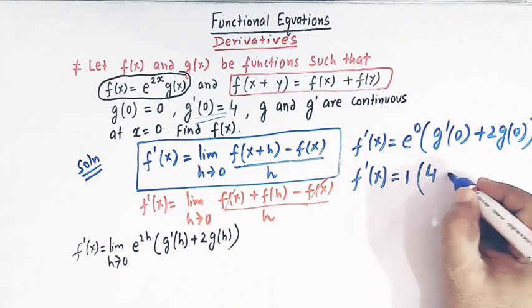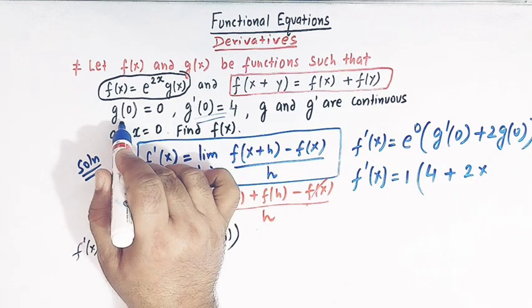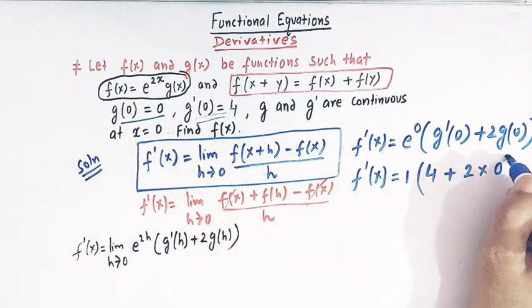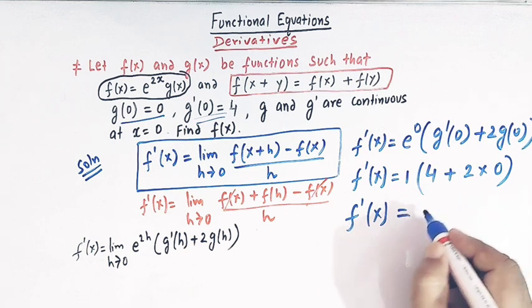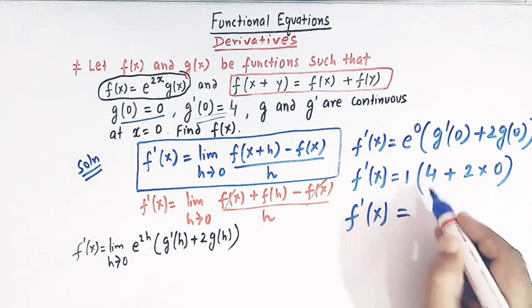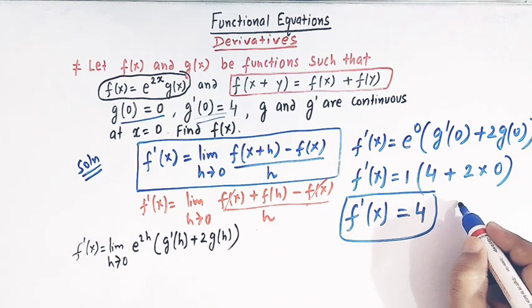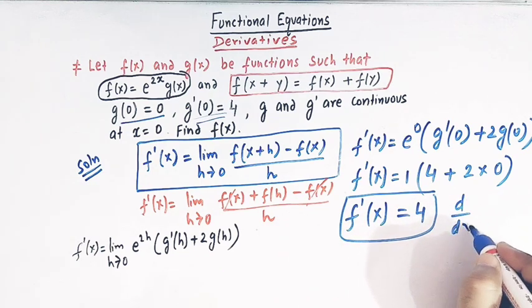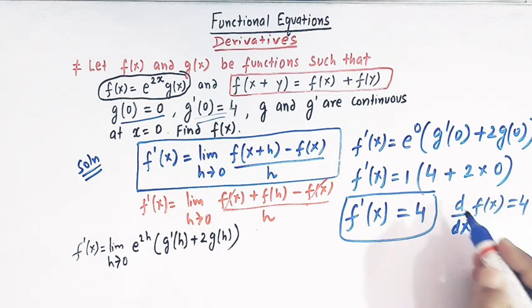And 2 times g of 0 is 0, right? So now f prime of x is simply 4, right? So we have obtained d by dx of f of x is equal to 4, right?